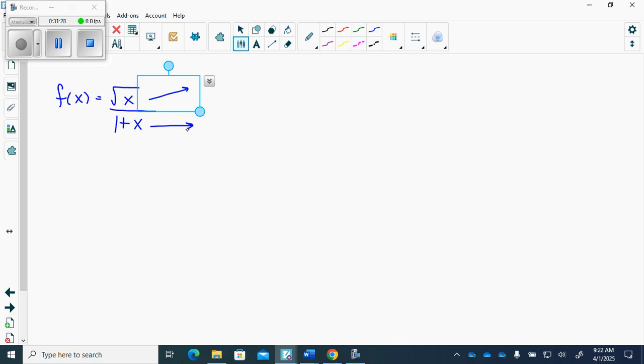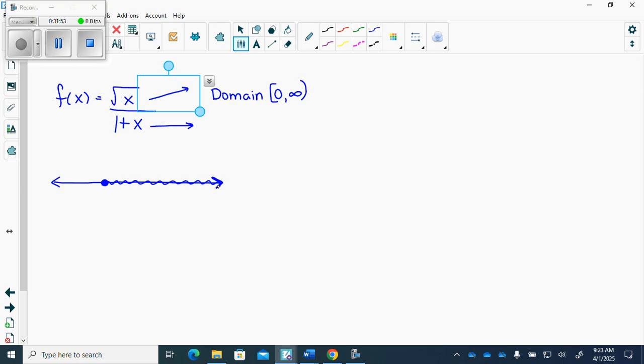So, this first one is a radical. What is its domain? Greater than or equal to what? 0. So it's 0 to infinity. If you want to look at it in a different way, I sometimes like looking at it as a number line. So that one is 0 to positive infinity. Okay, cool.